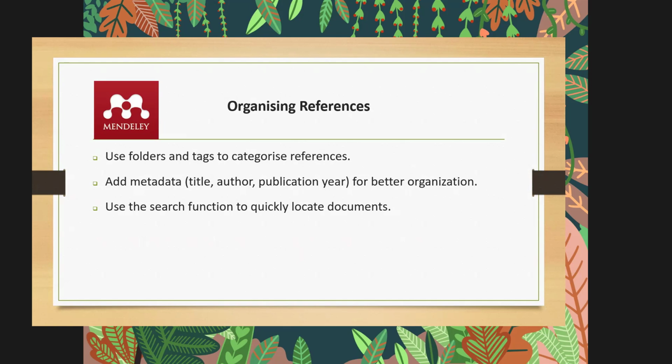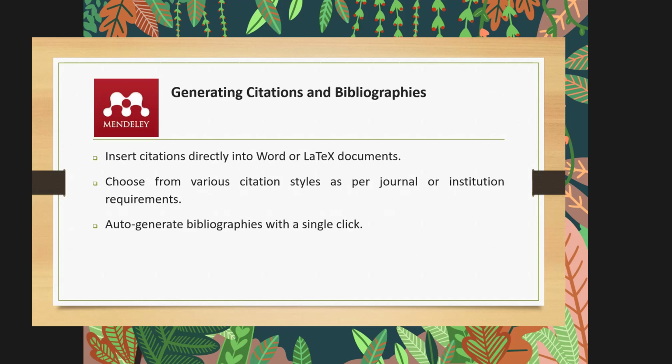So all those elements, if they are there in a paper you are writing, then the references, you can be able to organize them in different folders so that they are not mixed up, even to simplify your work of making the in-text citation. It adds metadata, that is the title, the author, and publication year for better organization. Use the search function to quickly locate documents. So it has a search function where you can easily locate documents or files.